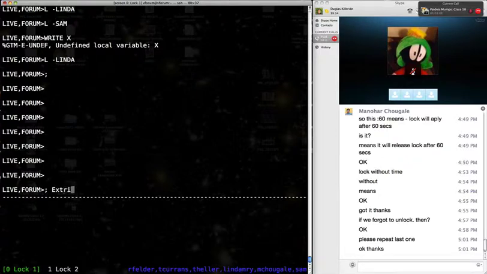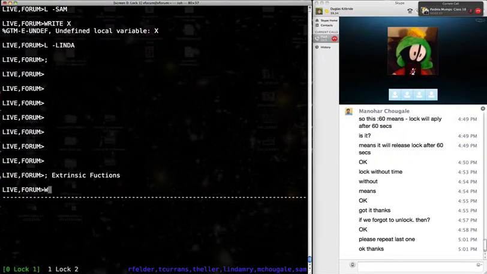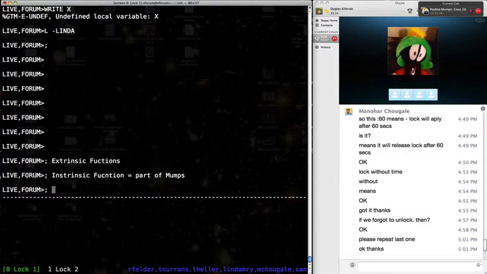So we're going to cover extrinsic functions. What are extrinsic functions? The way you use them is the double dollar sign. An intrinsic function means that it's part of MUMPS. An extrinsic function is user defined.